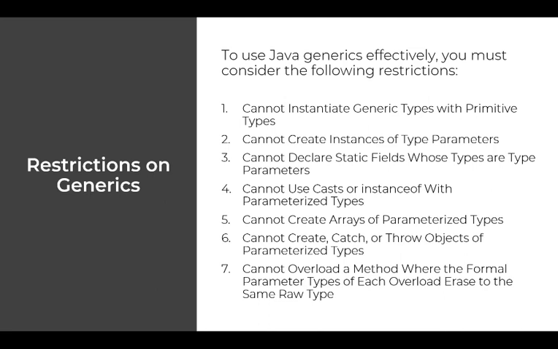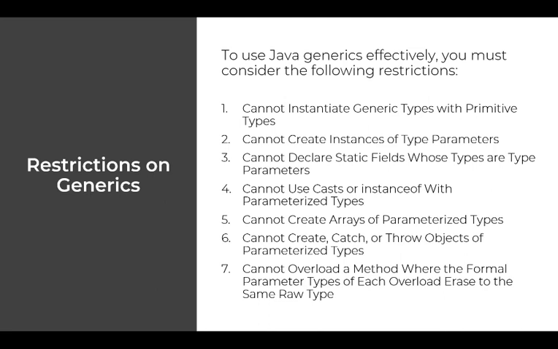So finally, let's make sure we know the restrictions on generics. To use Java generics effectively, you must consider the following restrictions. You cannot instantiate a generic type with a primitive type. You cannot create an instance of a type parameter. You cannot declare a static field whose type is a type parameter. You cannot use cast or instanceof with a parameterized type. You cannot create arrays of parameterized types.